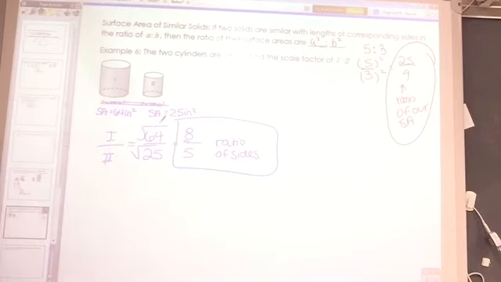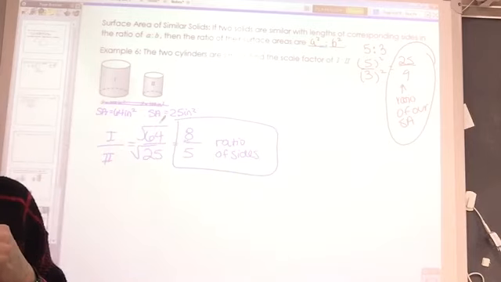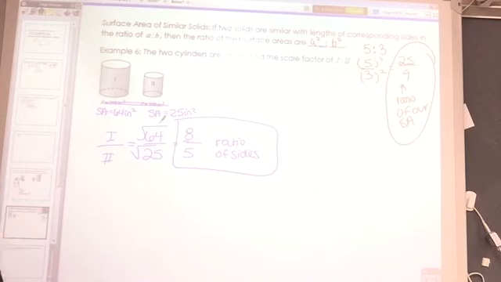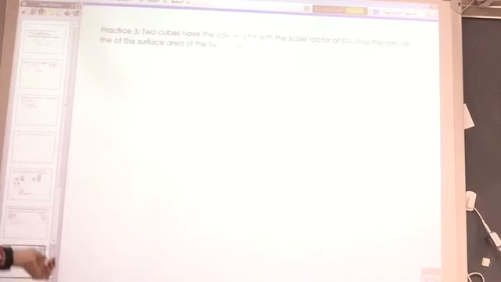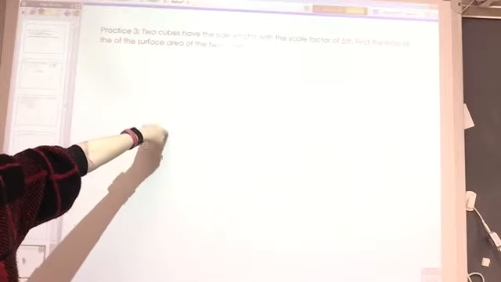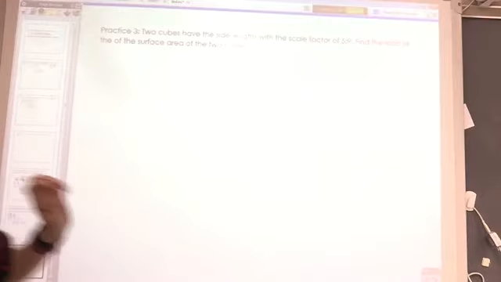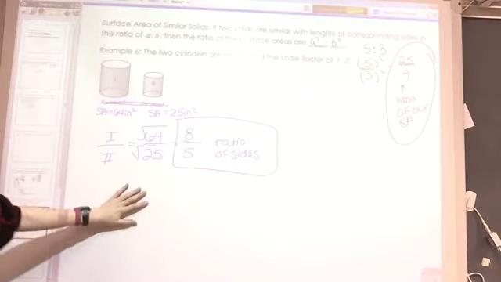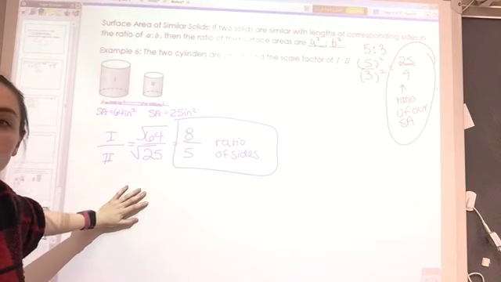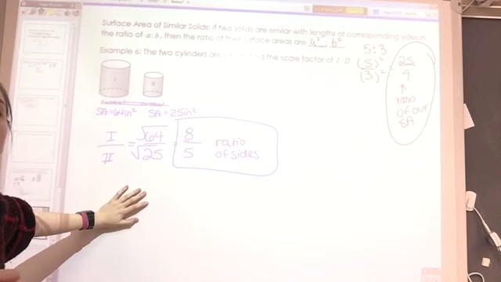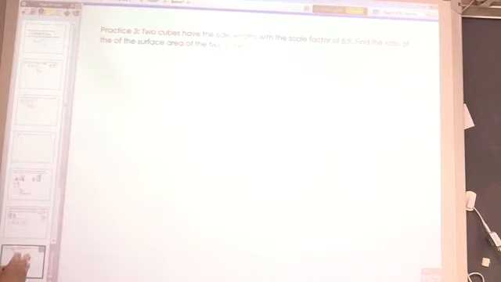Okay? Again, if you're confused, make sure you're writing down questions. So this is your practice 3. Go ahead and give this a whirl. They want you to find the surface area, so you should be working your way upward. Now that we went over this example problem, you should be able to do the first practice problem that I talked to you about.